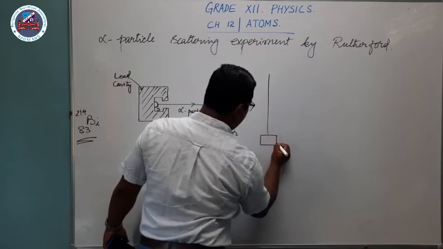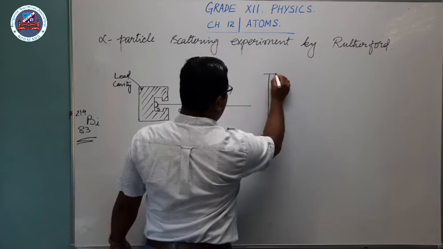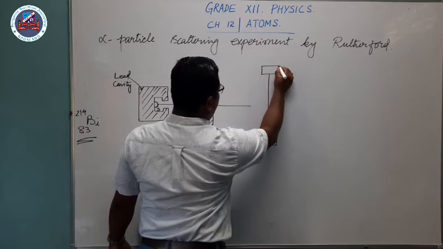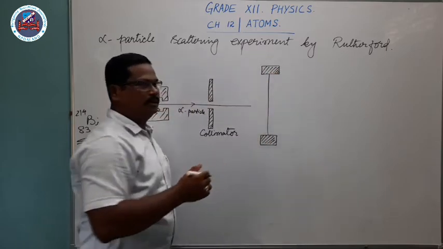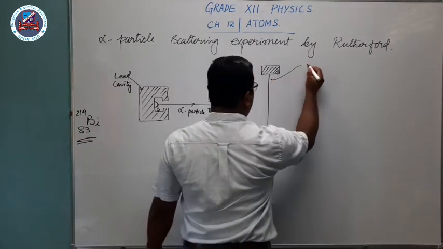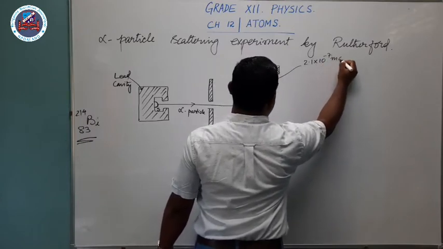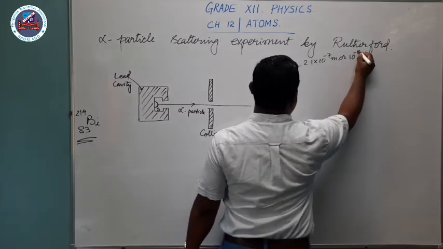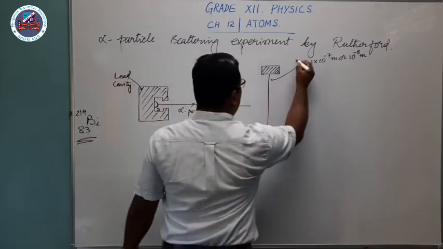Gold is chosen because it is the most malleable metal we know. You can beat it into thin sheets. The thickness is around 2.1 x 10^-7 meter, or in order form, we say 10^-8 meter. This is your gold foil.